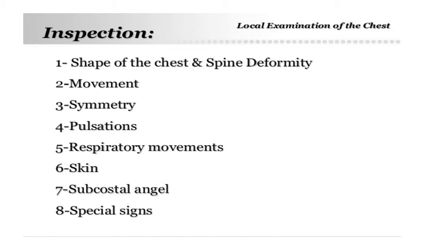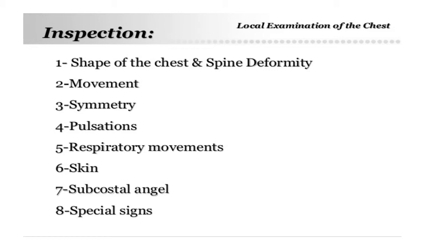expose the patient. If the patient is male, then it's easy, but if the patient is female, then you have to take special permission, or you have to accompany your female colleague, or you have to accompany the attendant of the patient. And after exposure, you have to see the shape of the chest, and you have to check if there is any spine deformity or not.